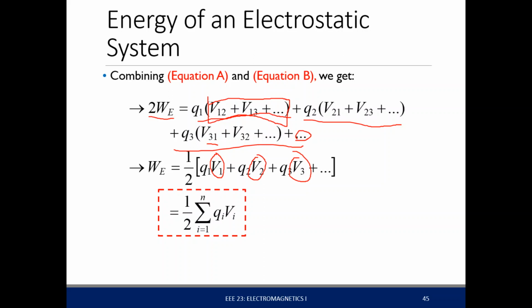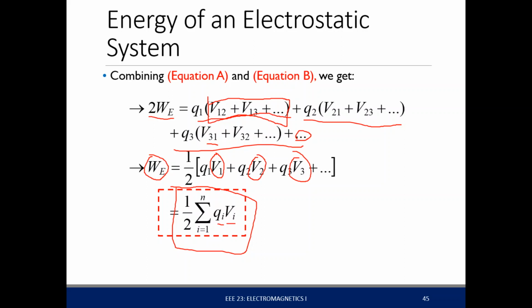So if we have an infinite or n amount of charges, the potential energy in that space is equal to 1/2 times the sum of the charge multiplied by the potential due to the charge.